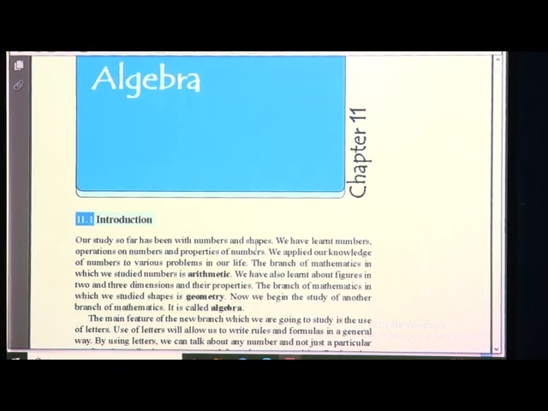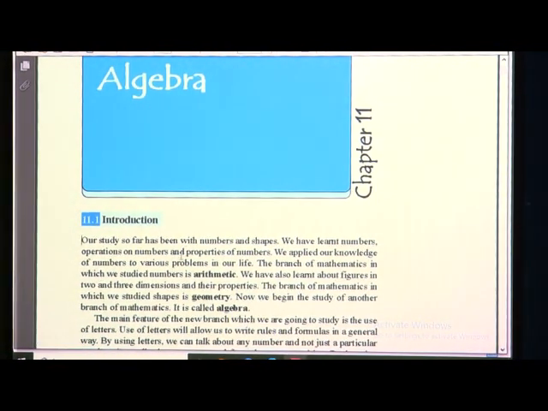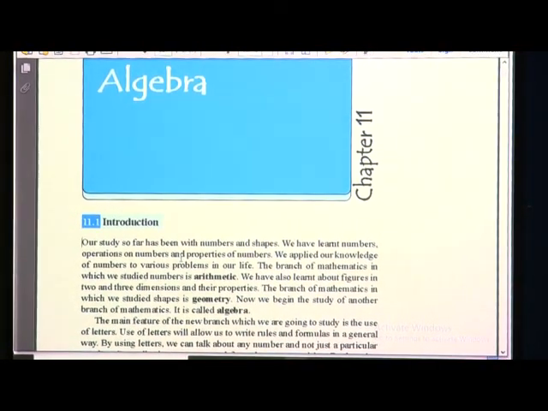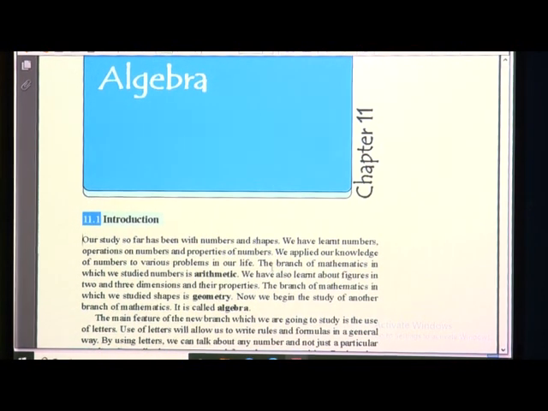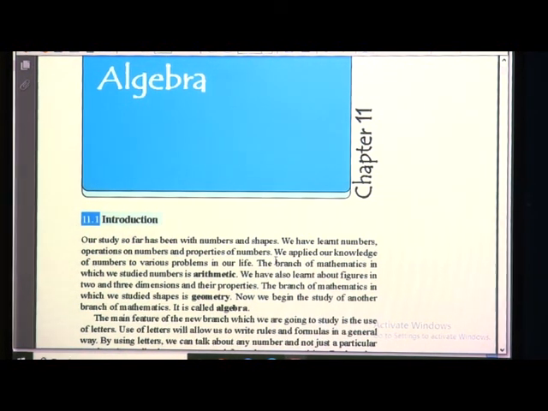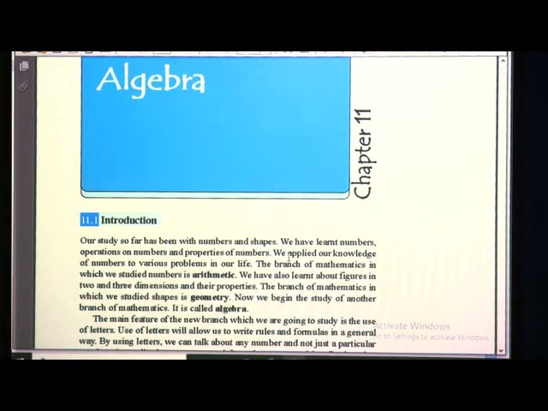We have learnt numbers, and operations on numbers. What are the operations? Addition, subtraction, multiplication and division, and the properties of numbers. For example, we have learned different types of properties in whole numbers, like the commutative property. We applied our knowledge of numbers to various problems in our life.